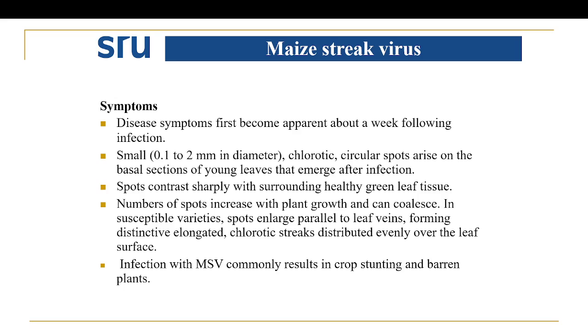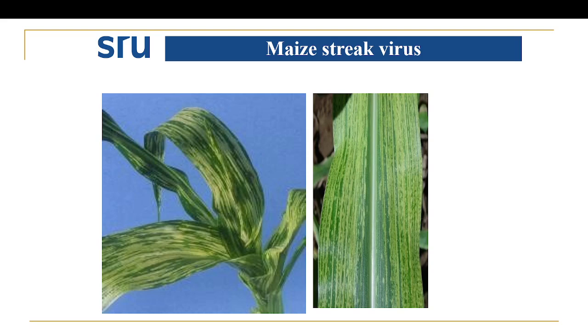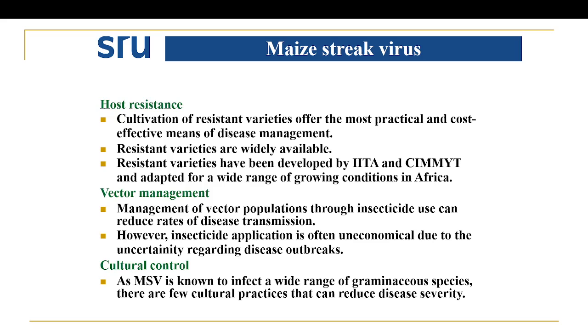In susceptible varieties, spots enlarge parallel to the leaf veins, forming distinctive elongated chlorotic streaks distributed evenly over the leaf surface. Infection with maize streak virus commonly results in crop stunting and barren plants without any reproductive growth. So these are the symptoms of maize streak virus. We can clearly see the formation of chlorotic streaks on the infected leaves and chlorosis on the affected plant.